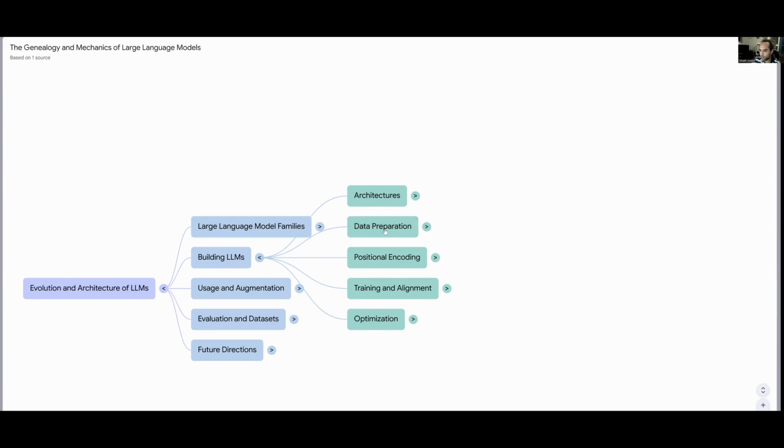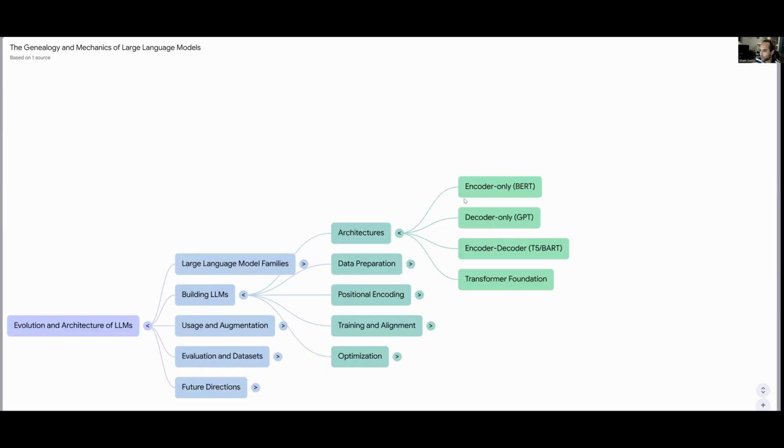So apart from the data preparation, choosing the model architecture is part of building the LLM as well. These architectures are derivative of the transformer architecture, which is composed of an encoder and decoder. So this is the encoder-decoder architecture, the original architecture presented in the transformer paper.